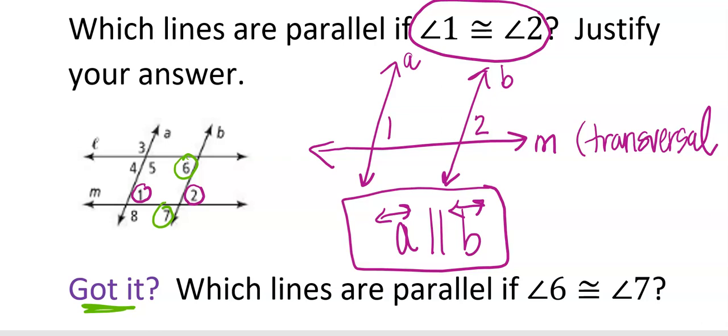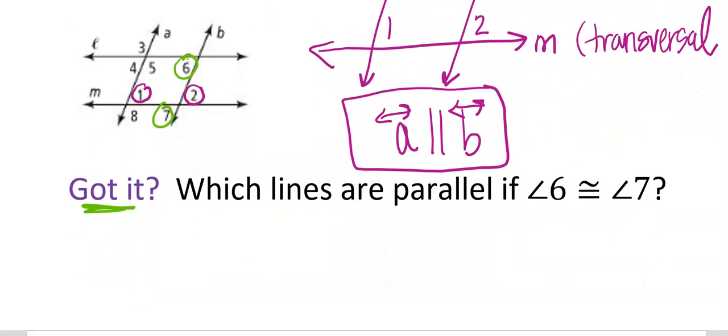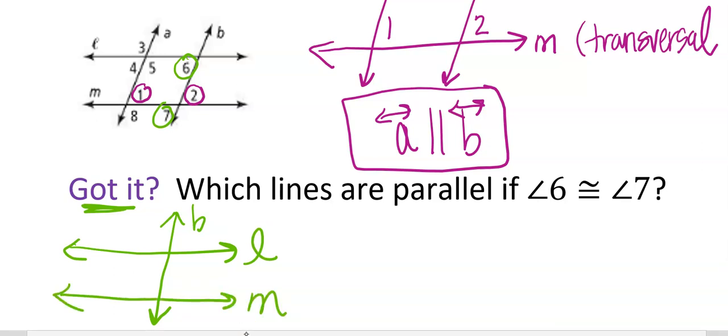These are both in the same spot. They're corresponding. So when you look at this one, the picture that I'm looking at kind of looks like this. So that's B, that's L, that's M, here's 6, here's 7.